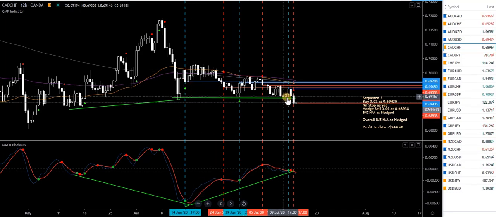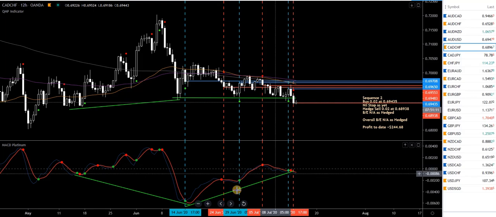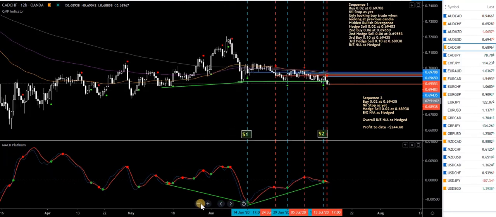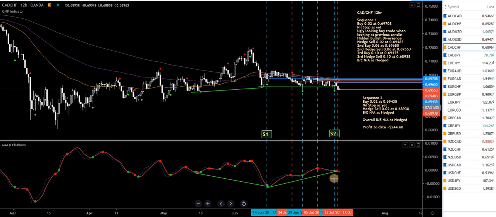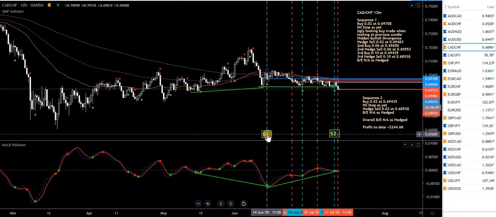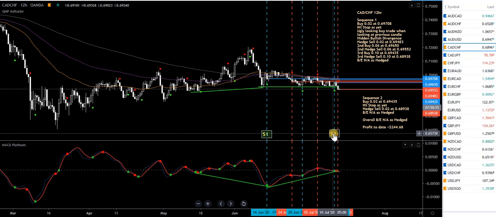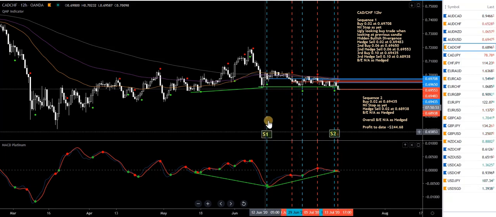when they're in sync. So there's a new sell here. It's not a valid sell signal because the MACD Platinum's below the zero level, but I'm in a couple of sort of ugly sequences here. So S1 is sequence 1, S2 sequence 2, where they're marked on the chart is where they commenced.